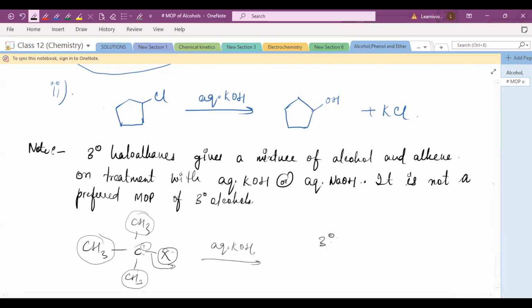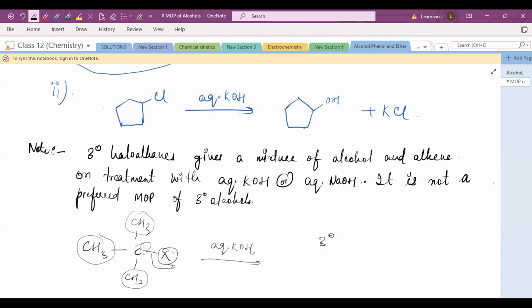So in this case you will get a mixture of alcohols and alkenes. When you treat the tertiary haloalkanes with aqueous potassium hydroxide or aqueous sodium hydroxide, you will get different mixtures. So you will not get what you are trying to manufacture.